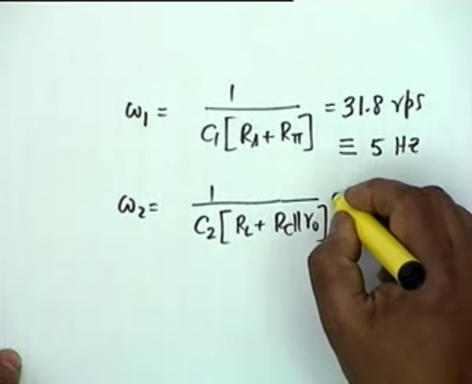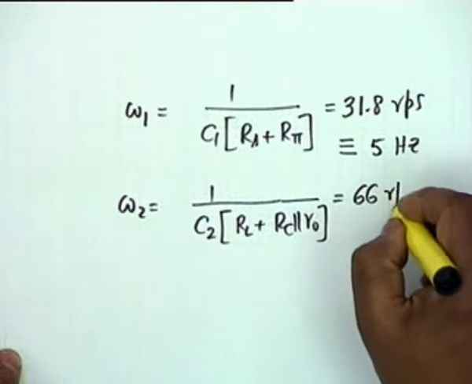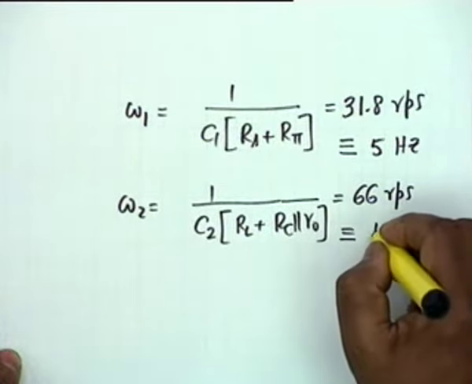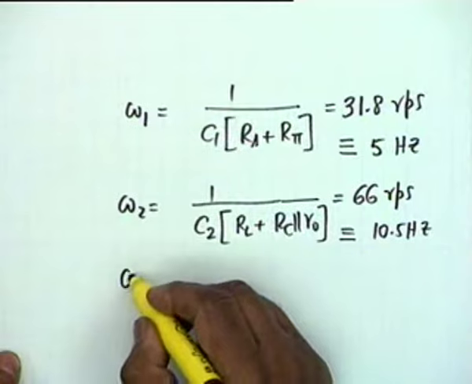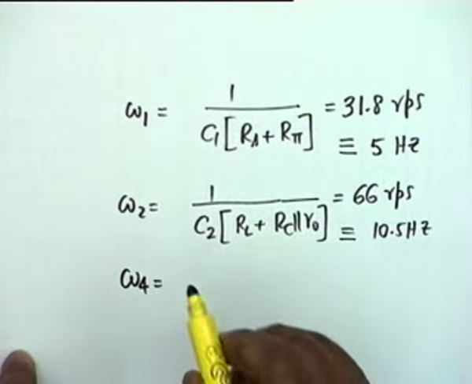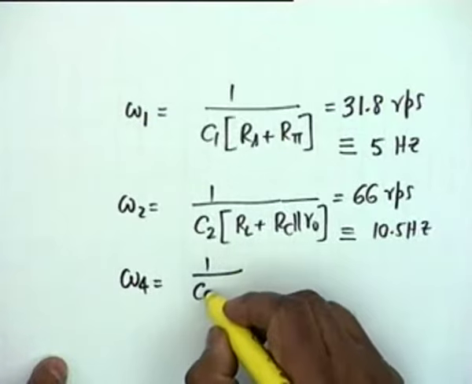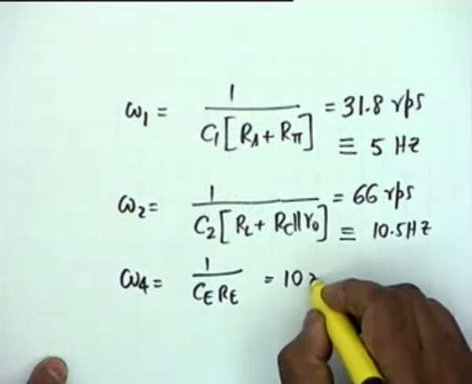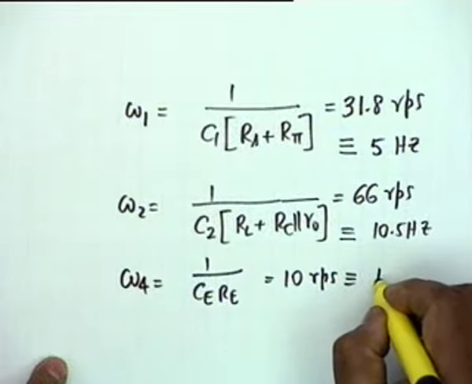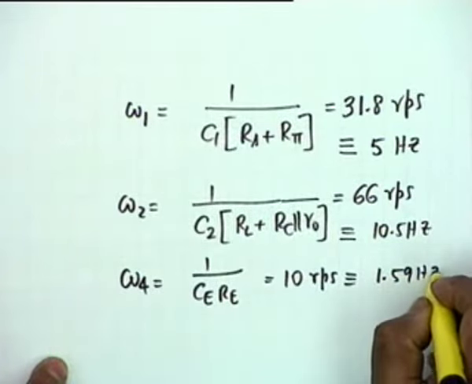This calculates out to 66 radians per second, which is equivalent to 10.5 hertz. Omega 4, that is 1 over CE RE, calculates out to 10 radians per second, which is equivalent to 1.59 hertz.